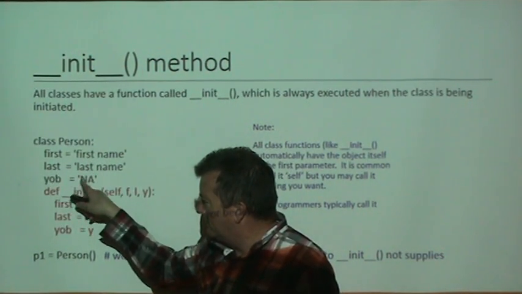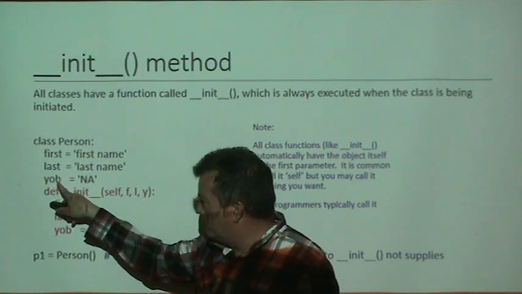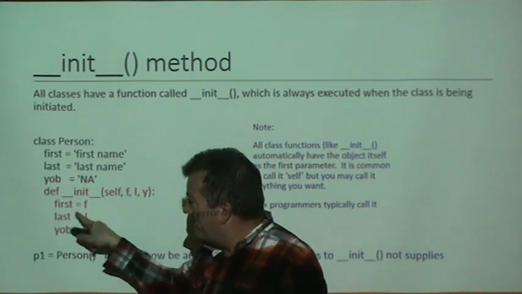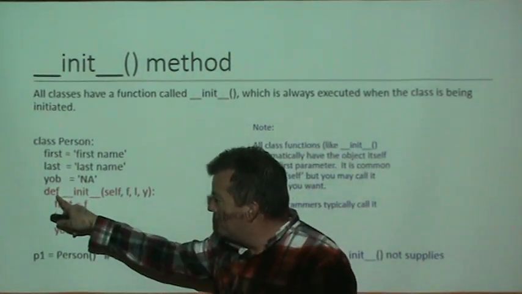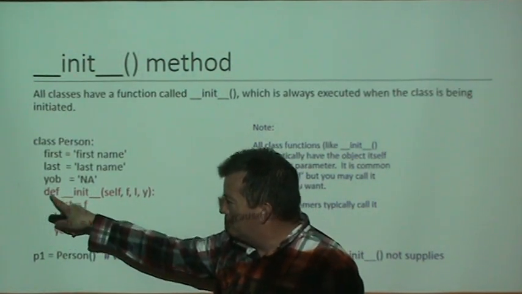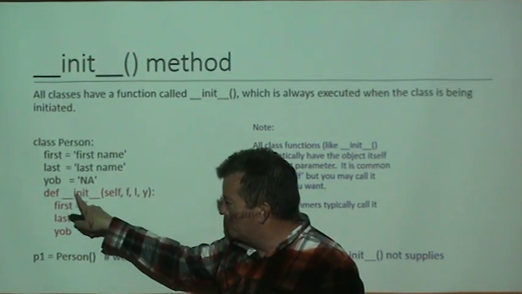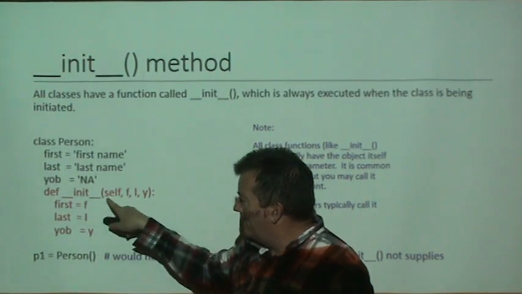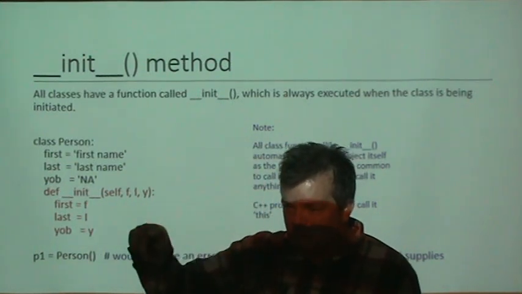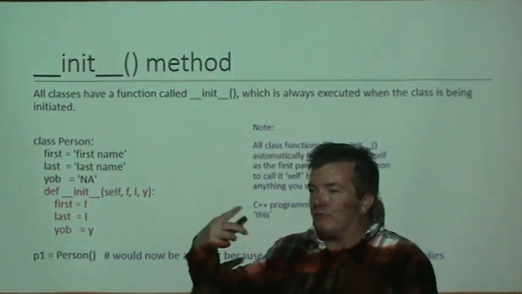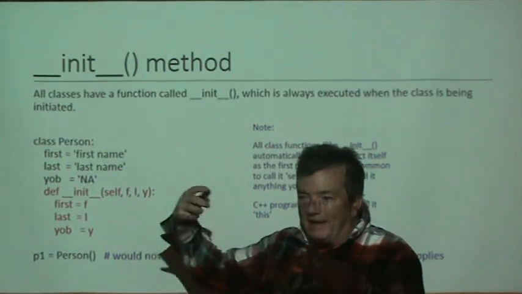Okay. So, for example, in my class, I would say class person, first name, give a default value, last name, give a default value, year of birth, give a default value, and then I would supply not a function, a method, and I would define the method underscore underscore init underscore underscore, and I pass in parameters. And always inside methods, which are inside a class, is actually a reference to the object we are now creating.